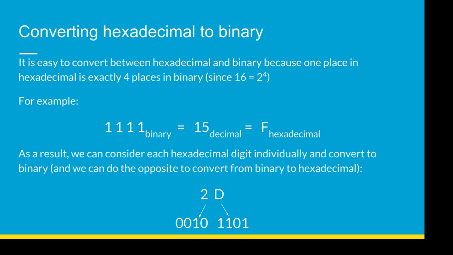So, for example, 1111 in binary, the biggest number we can represent in 4 digits in binary, is 15. So it's 8 plus 4, 12, plus 2, 14, plus 1, 15. Do you see that? 8 plus 4 plus 2 plus 1. 1, 1, 1, 1 in binary, because it's 2 to the 3rd plus 2 squared plus 2 plus 1.